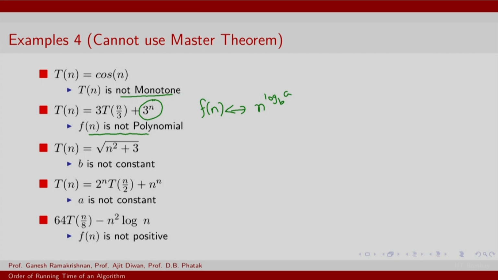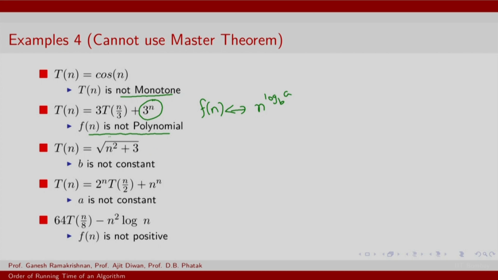So we are in general interested in polynomial f(n)'s as far as the master theorem is concerned. Now, you might have a polynomial, T(n) is under root n square plus 3, but then b is not a constant. Again, you can have a case where a is not a constant.